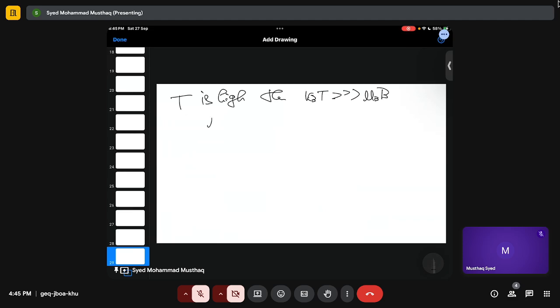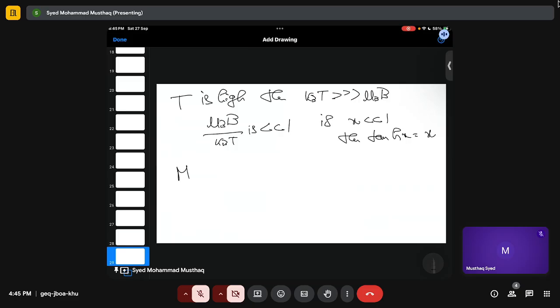Then what happens? Then mu B B upon kBT is less than 1. If x is less than 1, then tanh x will be what? x.